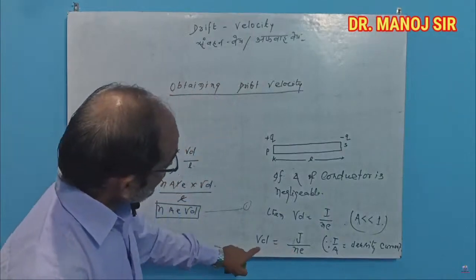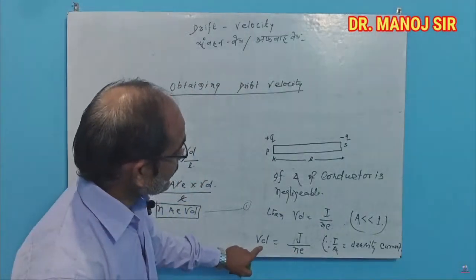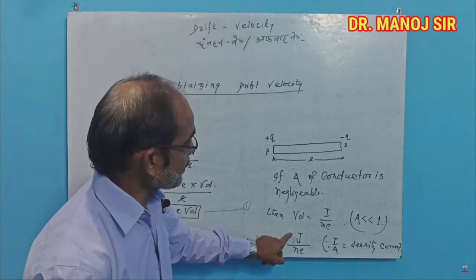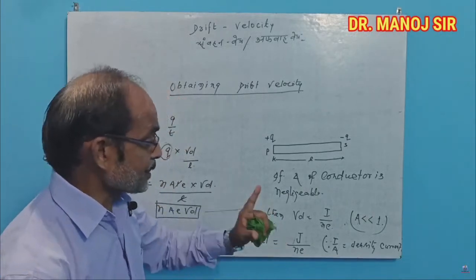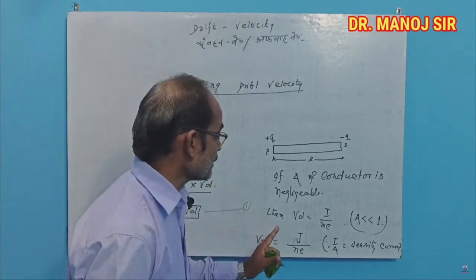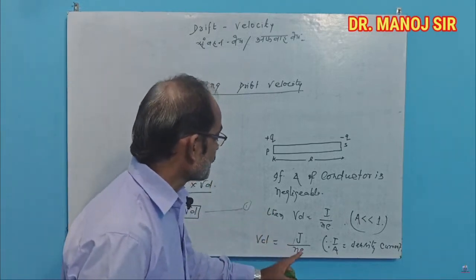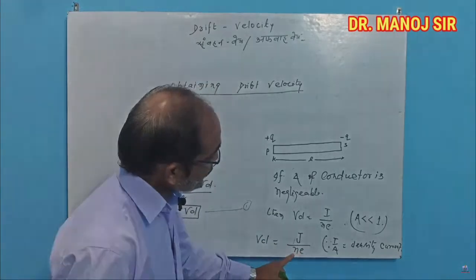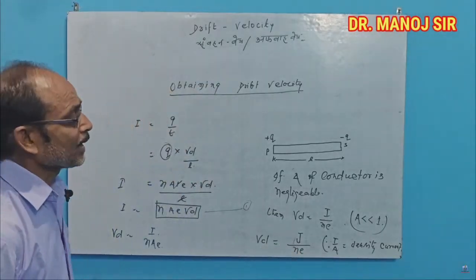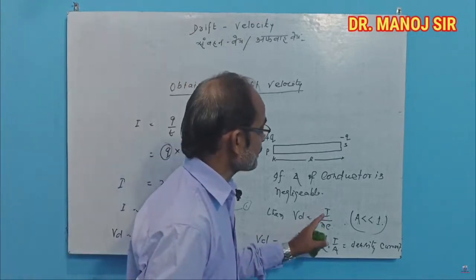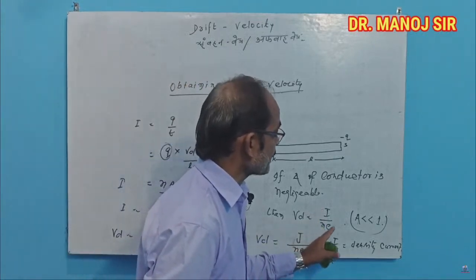Then we produce that drift velocity of a conductor depends on density of current upon magnitude of the current, and Vd equal to density by number of electrons.